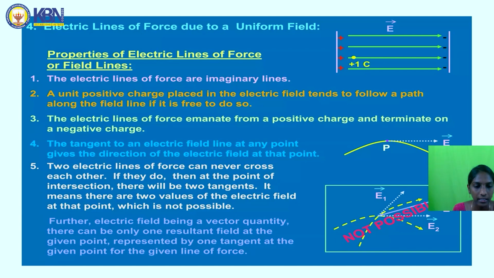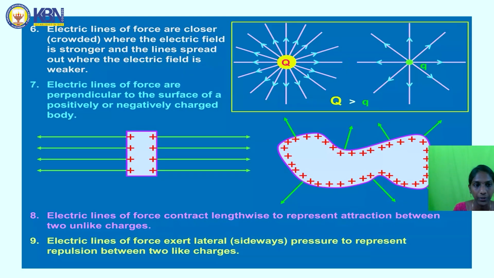It means there are two values of the electric field at that point, which is not possible. Further, electric field being a vector quantity, there can be only one resultant field at a given point, represented by one tangent at the given point for the given line of force.